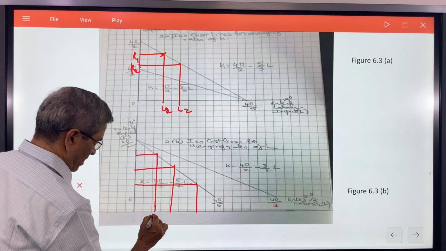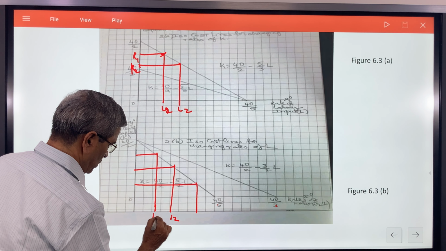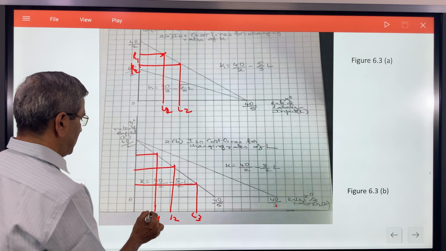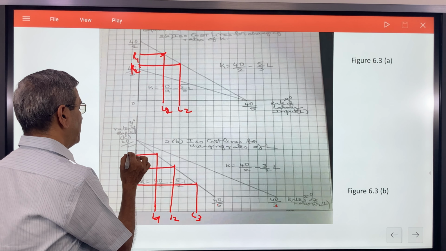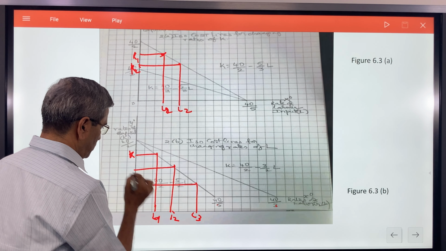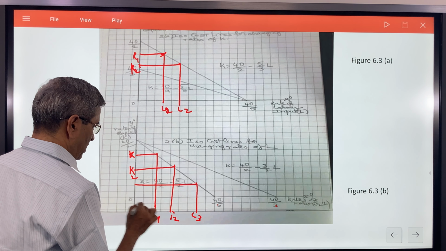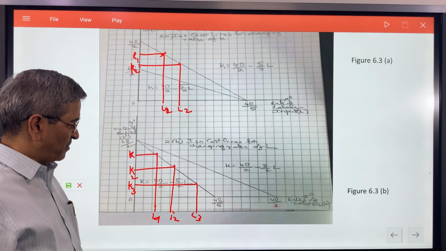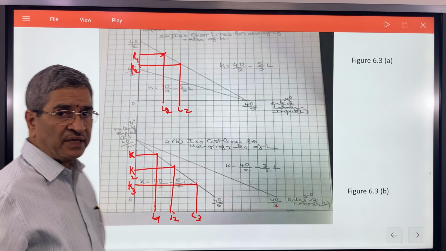This is how L1, L2, L3 comes. So your original labor is L1 and your capital is high, at L2 capital is low and at L3 capital is further low. Same case you can see there also.